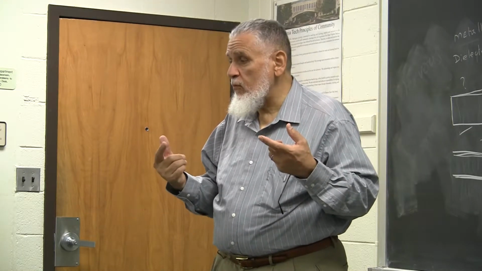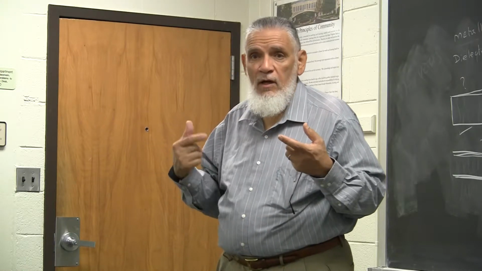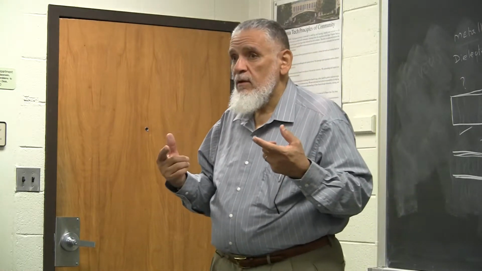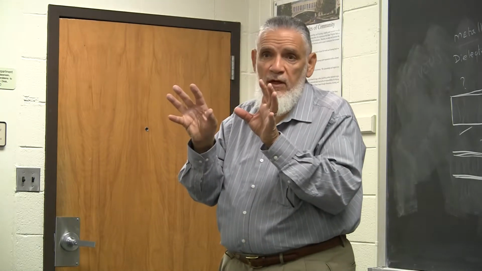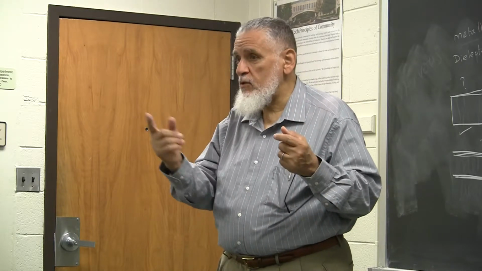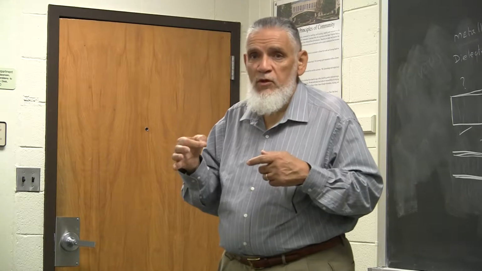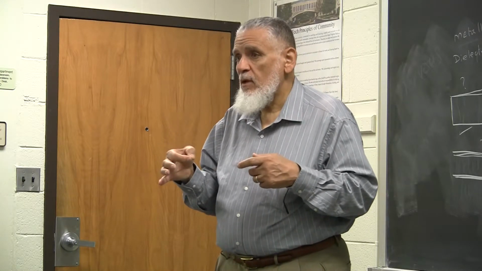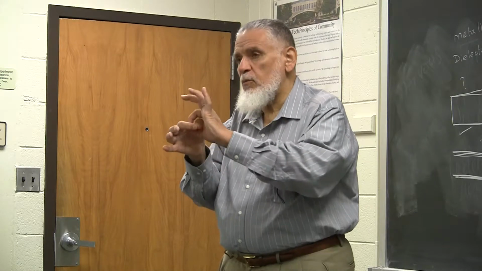Charges, when they move, cause a circular current, and that current is responsible for the magnetic flux. So the current produced by the charge is always a closed loop, and that closed loop will have a flux that links with that loop.